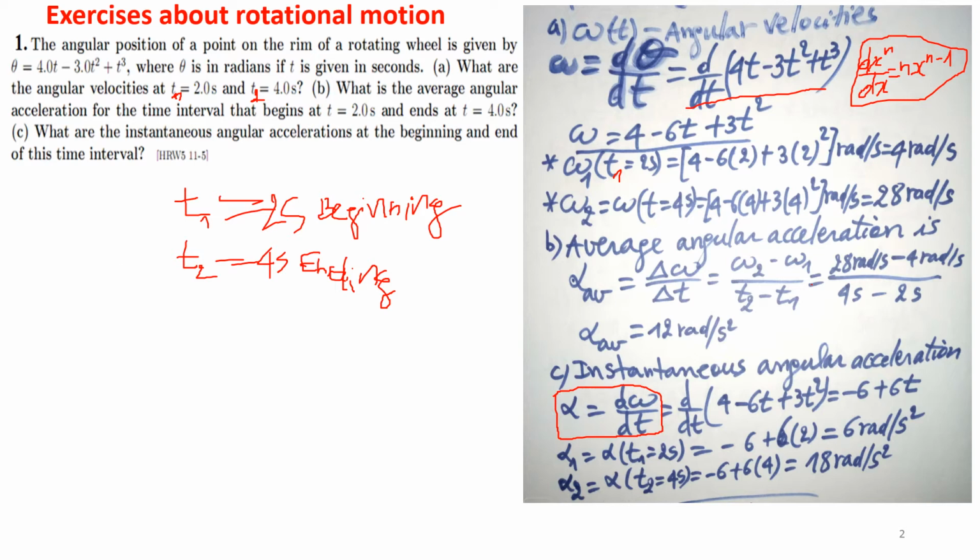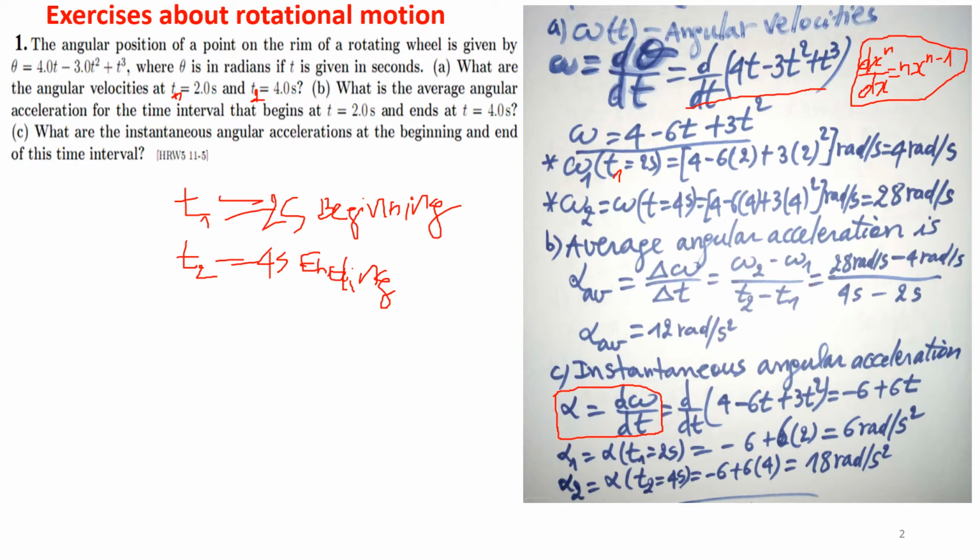Then, according to the formula for derivatives, the derivative of x to power n with respect to x equals n times x to power n minus 1. The derivative of a constant gives 0. It's the reason why the derivative of 4 becomes 0. Then this derivative will be equal to minus 6 plus 6t.